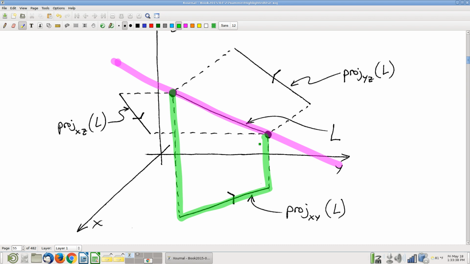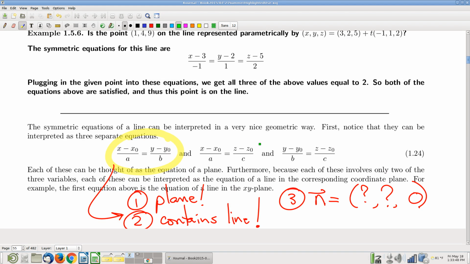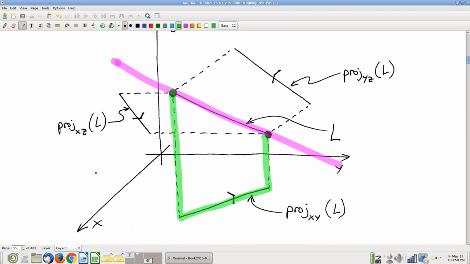And I'm going to leave as an exercise for y'all. It's a great little exercise to see if you're really following along with all these ideas. Try to persuade yourself that this one, the equation involving x's and z's, is the shadow of the line parallel to the y-axis, as if you were holding a flashlight over here, shining it that way.